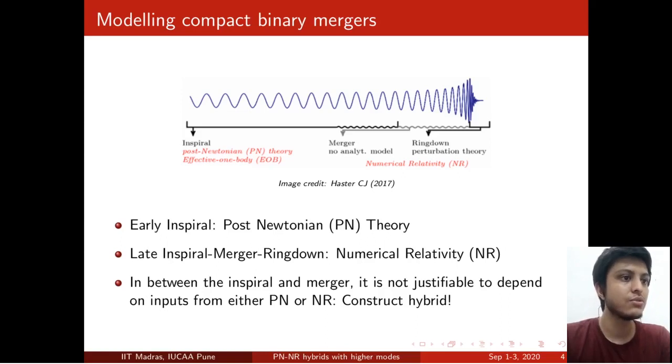Thus we need to combine them in an appropriate manner and build some sort of a hybrid of the analytical and numerical data in order to obtain a correct representation. And this is where the process of hybridization comes in.